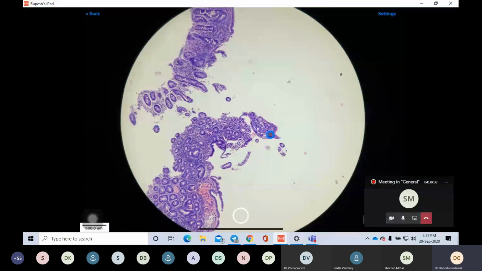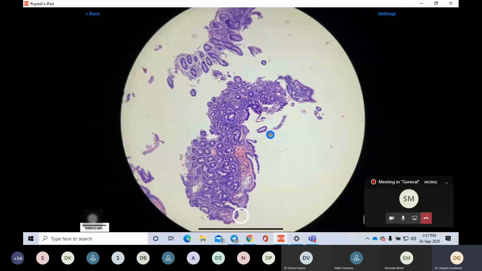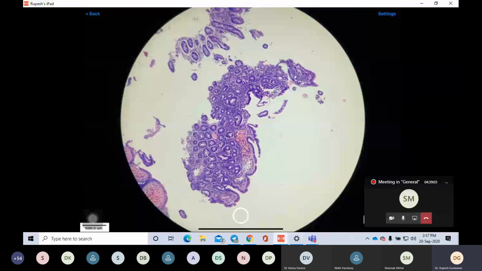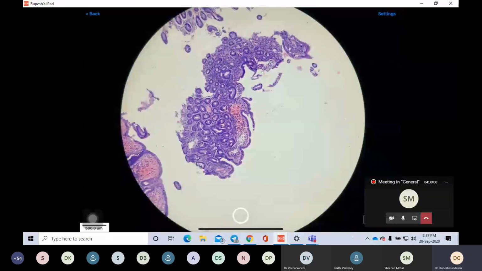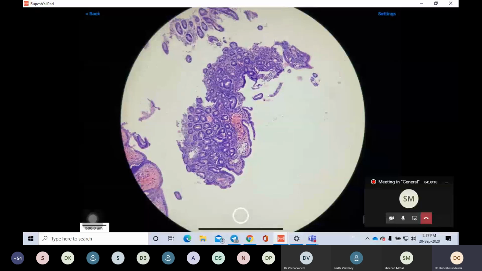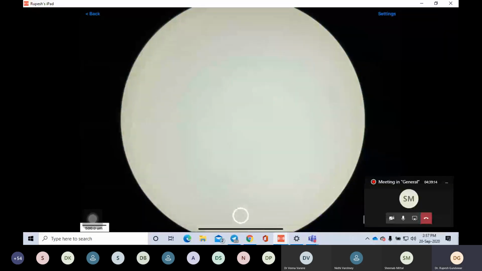But again, I said this March grading is to be used only if the case is evaluated on the grounds of celiac disease, with the other factors like clinical features, antibody evaluation and the HLA haplotype. So this was a case of celiac disease with a March grading of 3B. And now see this biopsy.